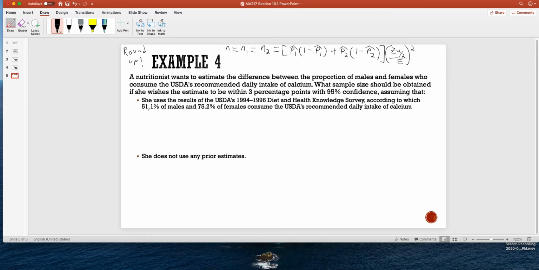So here we were given the values of P1 hat and P2 hat, if we let the males be P1 and females be P2.